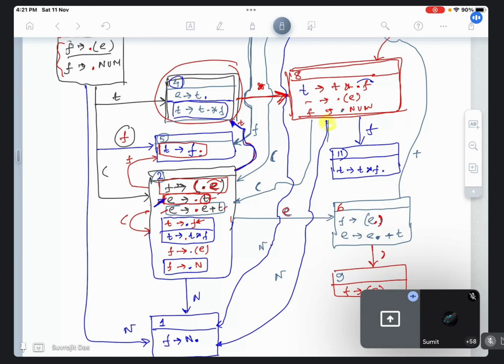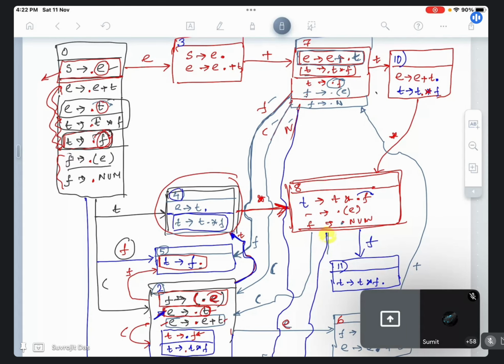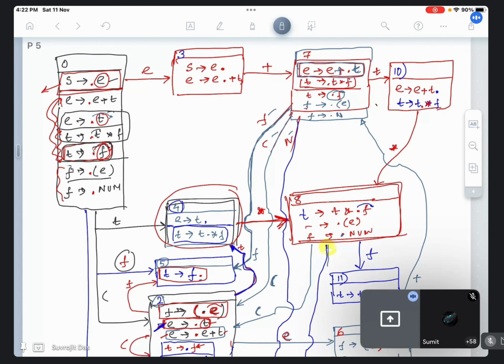I could not draw it properly on this board. So what you can do is just apply your input to check the state diagram's responses, and it inherently contains all the pushes and pops.